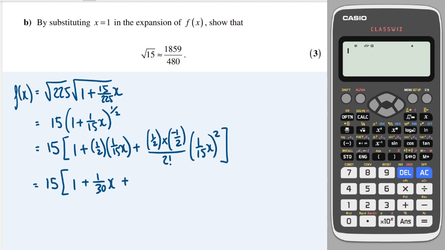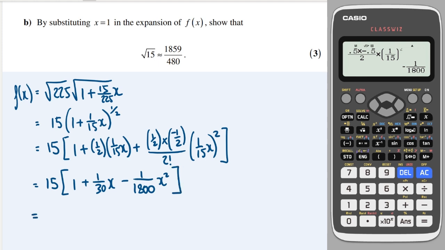And this one I'll need to do on my calculator. So I will do 0.5 times minus 0.5 over 2 factorial, which is 2, times 1 over 15 all squared. And we get minus 1 over 1800 x squared.